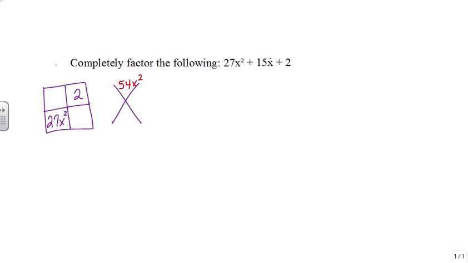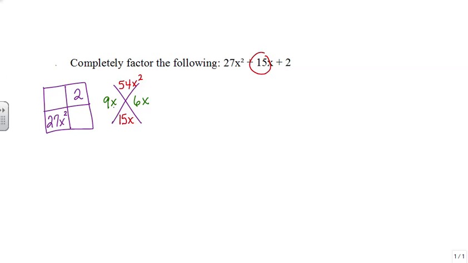The middle term of my polynomial goes in the bottom part of my diamond. From here, I figure out what can I multiply to give me 54, but add to give me 15. 9x and 6x fit the bill because 9 times 6 is 54 and 9 plus 6 is 15.